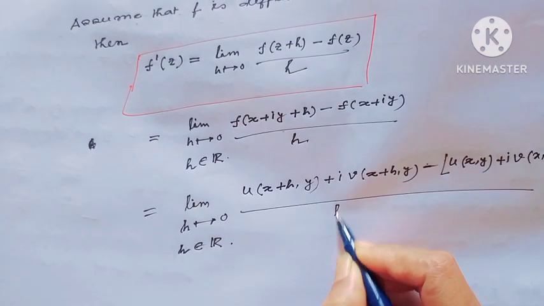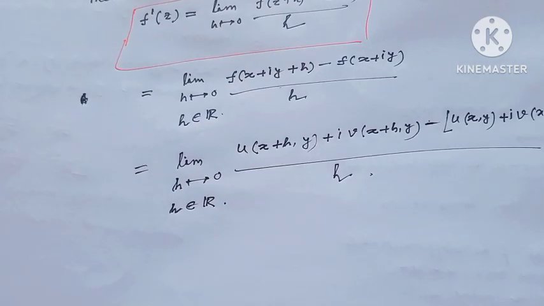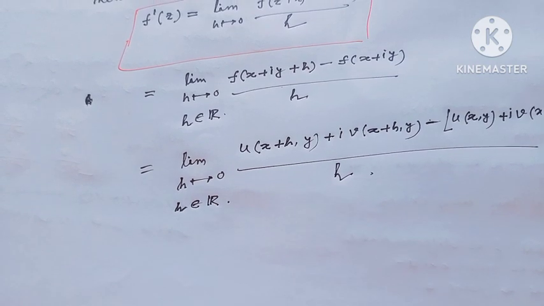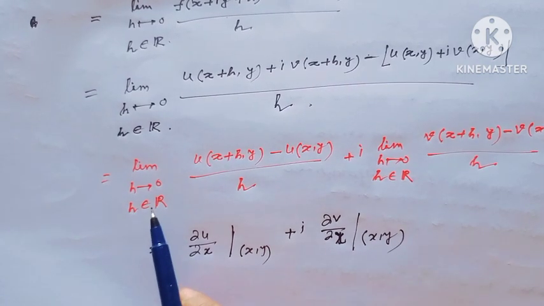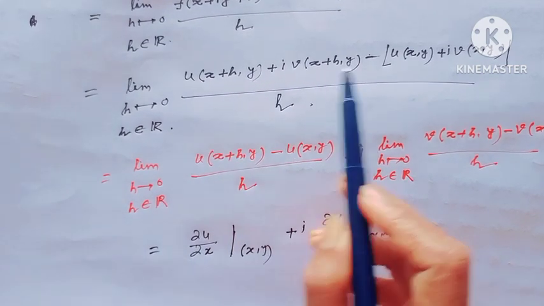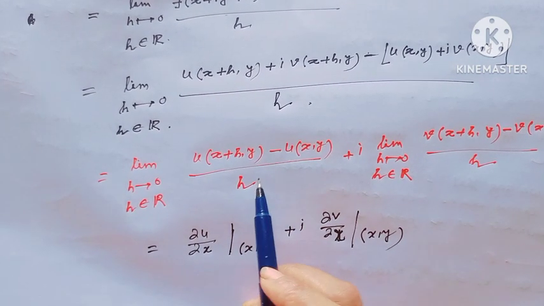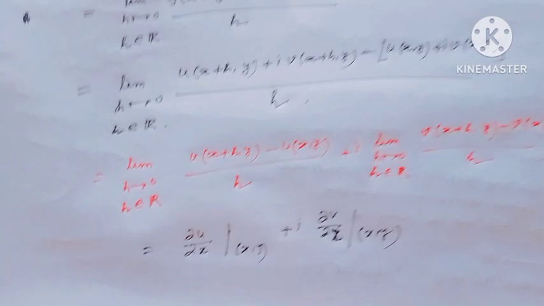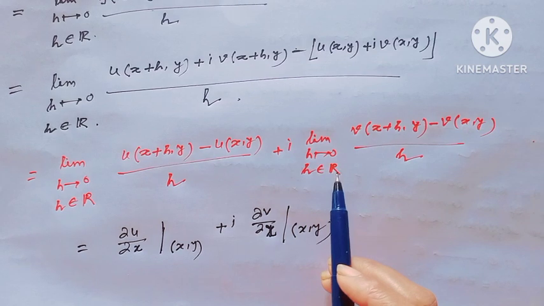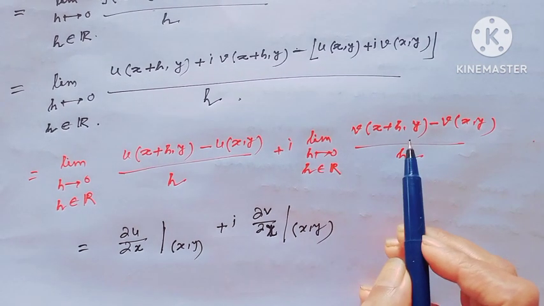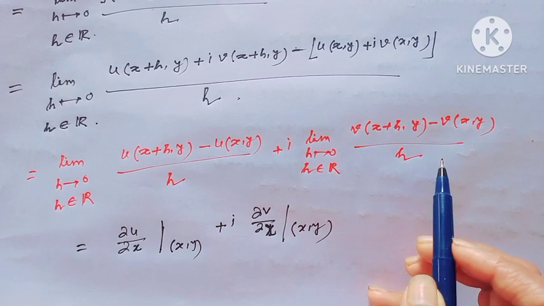over h. Okay, and obviously this means limit h goes to 0, h belongs to R, of (u(x plus h, y) minus u(x, y)) over h, plus i times limit h goes to 0, h belongs to R, of (v(x plus h, y) minus v(x, y)) over h.